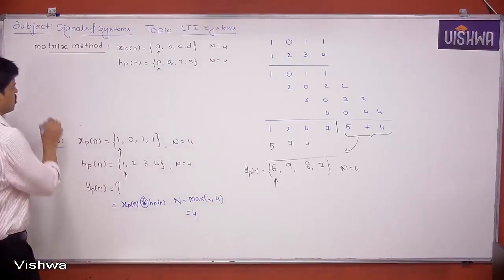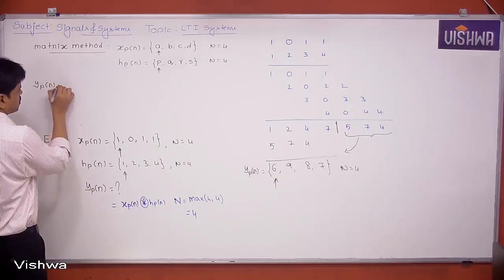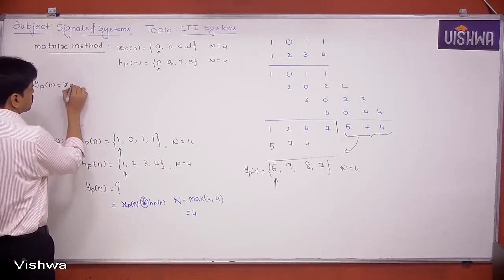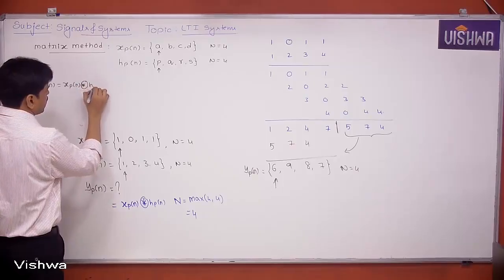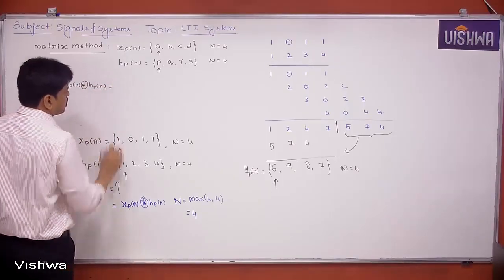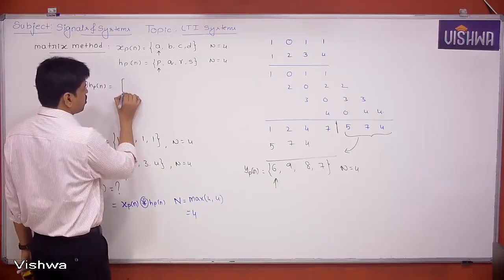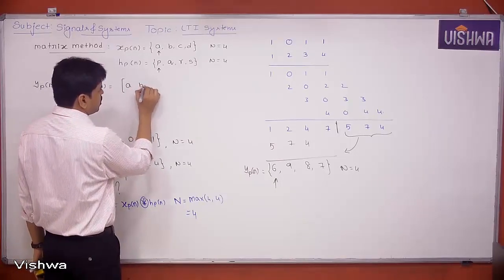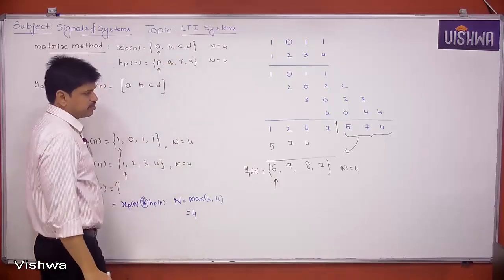Then yp of n, which is a circular convolution, xp of n circular convolution with hp of n, can be written in the matrix form like this: A, B, C, D. This is a row matrix directly.